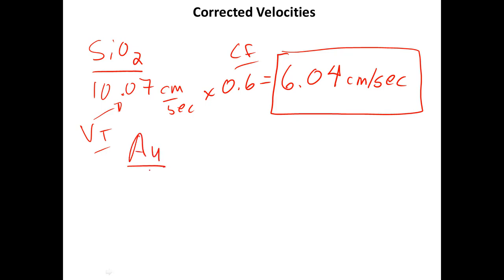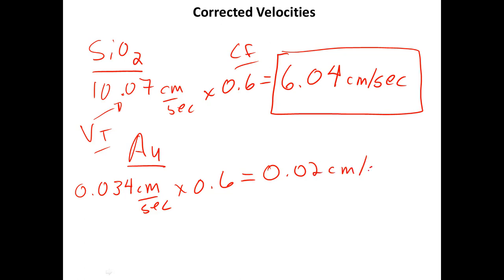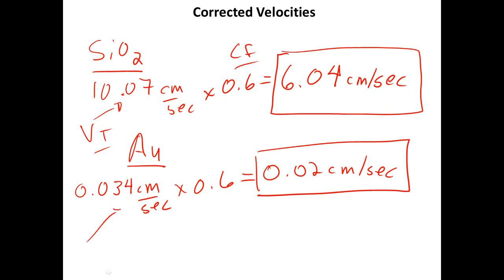I want to do the same thing with gold. So I multiply that terminal settling velocity that we found with Stokes' equation times the correction factor to get the terminal settling velocity for gold. So those will be the two settling velocities that I'll utilize.